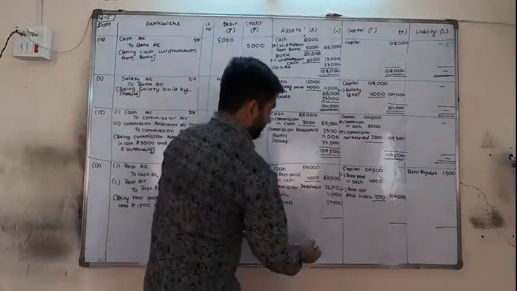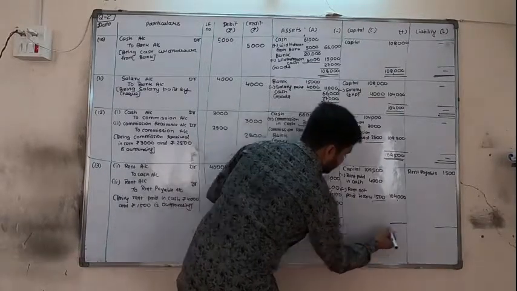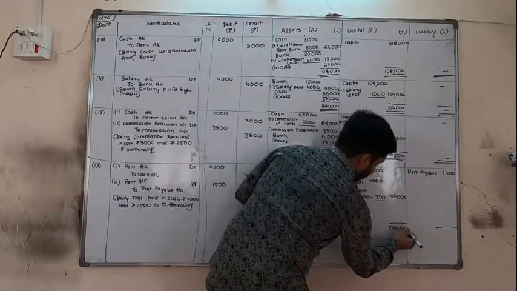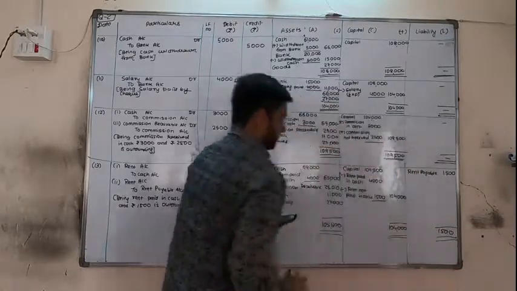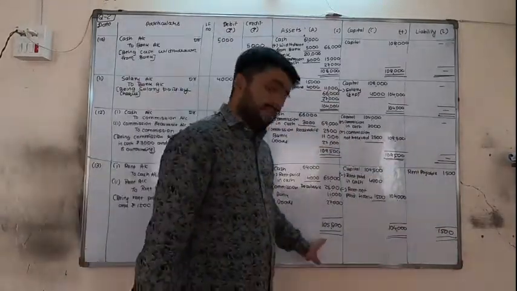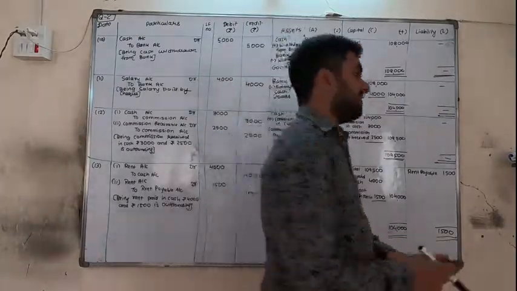It's 1,05,500. 1,05,500. Here it is 1,04,000, and here it is 1,500. Now friends, we can check. 1,05,500 equals 1,04,000 plus 1,500. It is again 1,05,500.